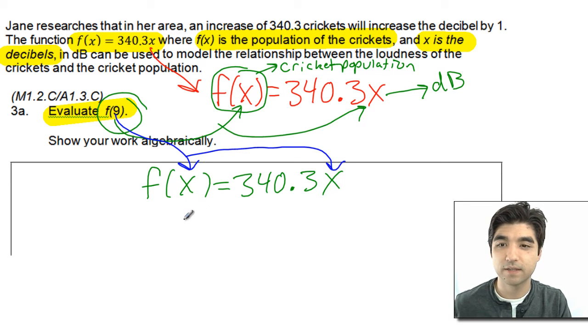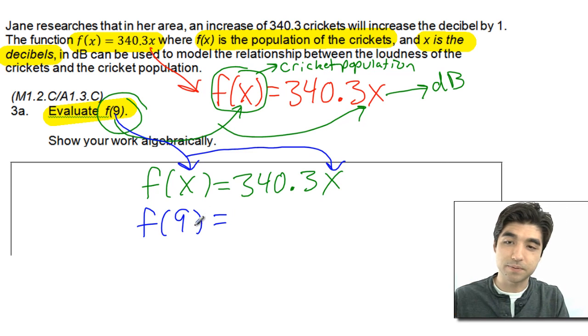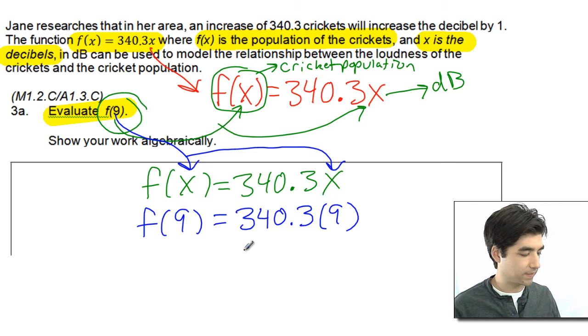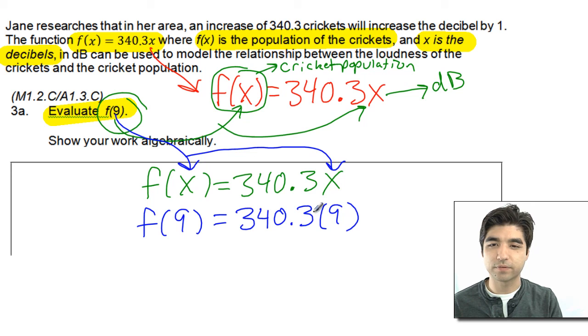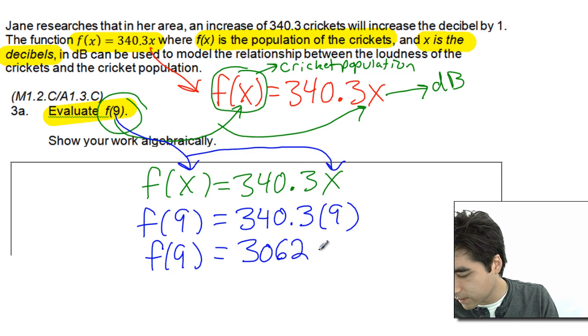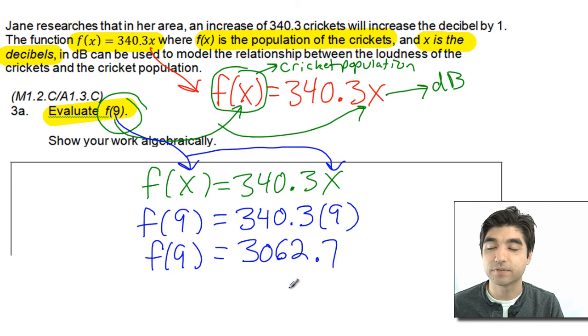So we're saying f of 9 equals, so if we put 9 decibels in, what is going to be the amount of crickets that is going to come out? 340.3 times 9. If I calculate that, 340.3 times 9 equals 3,062.7. And that is the answer for 3A.